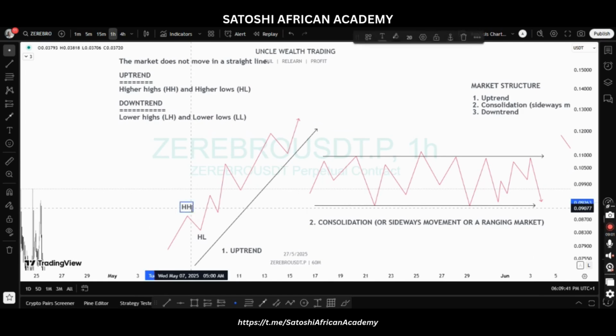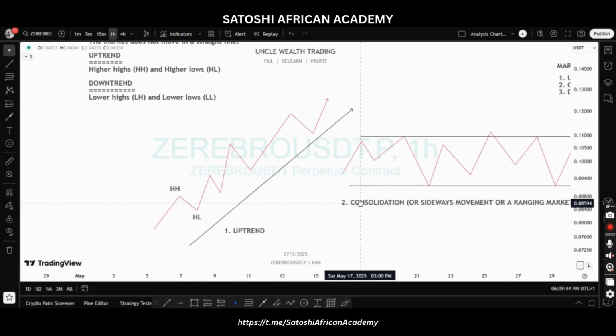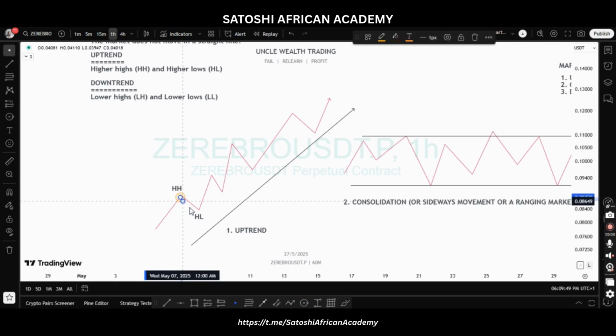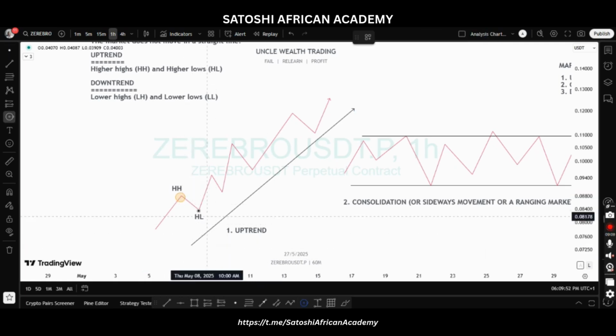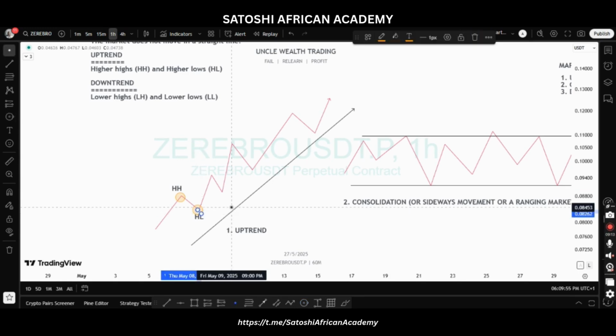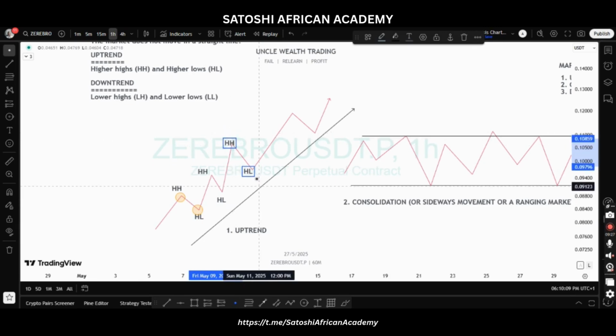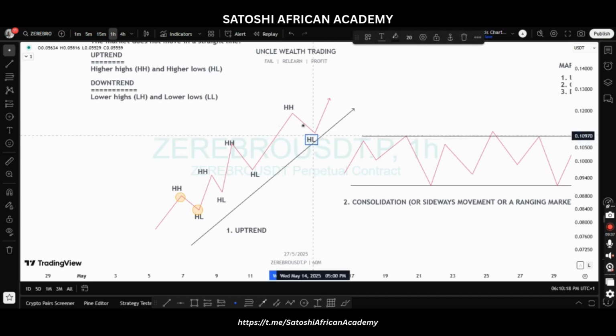So you can see this point here is our higher high, and this point here is our higher low. So basically, this is another higher high, and this is another higher low, and another higher high and higher low. This is another higher high and this is another higher low, and this is another higher high.